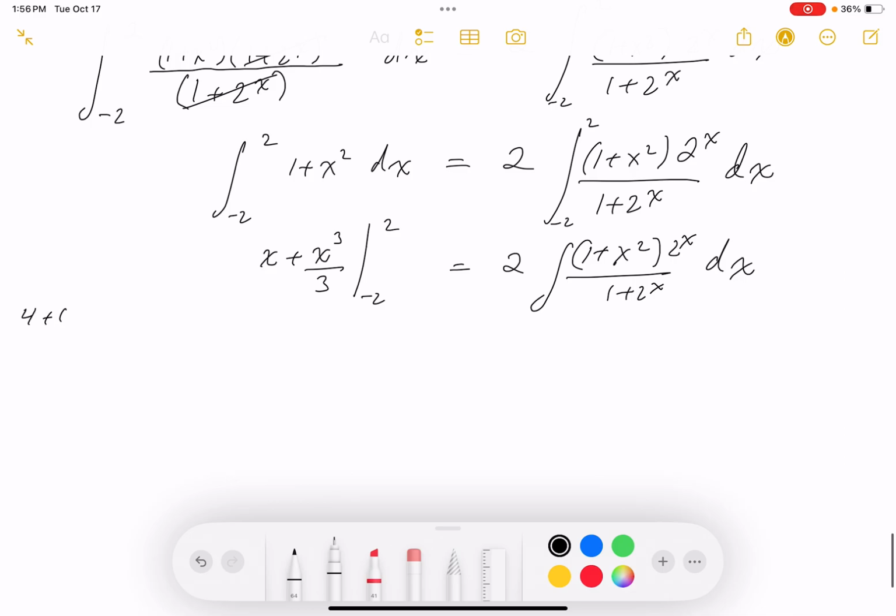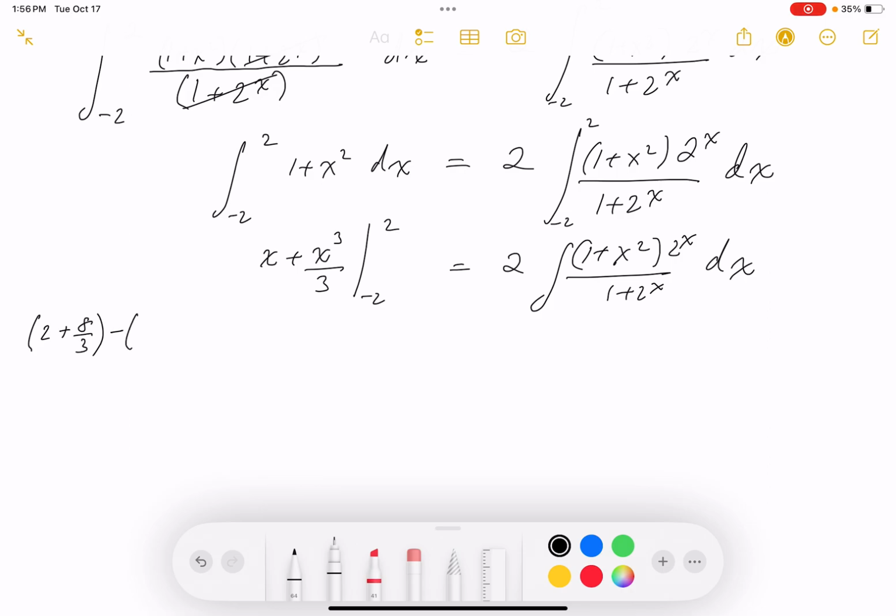It's 4 plus 64 thirds minus, I'm sorry, I made a mistake there. Got to erase it. It's 2 plus 8 thirds, my mistake, by the way.